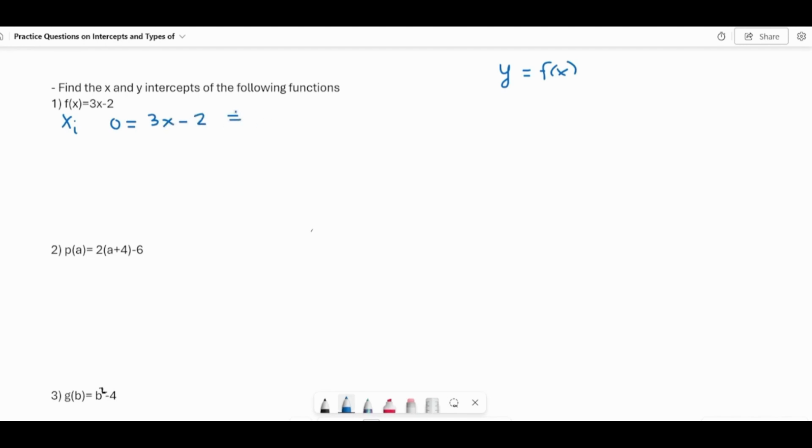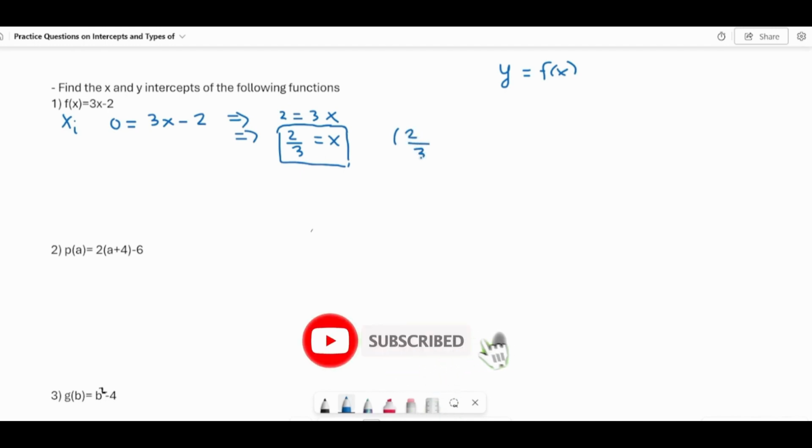That will give us 3x is equal to 2, right? And from here we can easily find the value of x, which will be 2 by 3. That means the x-intercept is going to be 2 by 3. And if they are asking to write this in ordered pair form, then your answer would be 2 by 3, comma 0.